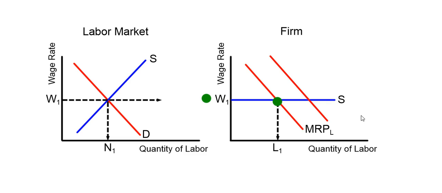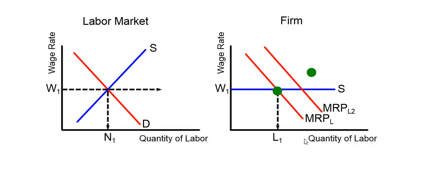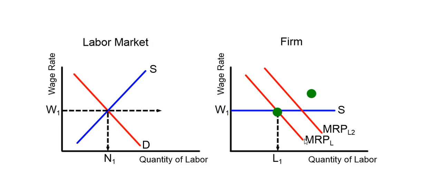So at every wage rate, the marginal revenue product is higher. We're going to shift that out, and mark that as the marginal revenue product for labor 2.